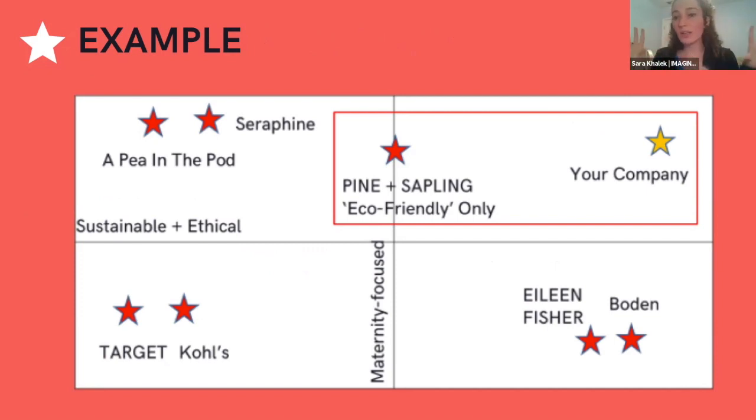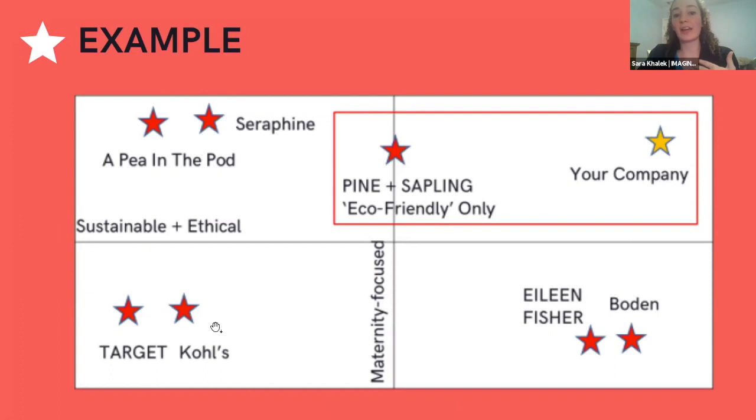So when I look at the industry, I'm going to see, okay, there's a lot of competitors in the fashion industry, in the clothing industry. How do I differentiate? How do I make sure that I'm in a space that no one else is addressing at this time? So let's look at companies that are highly maternity focused, but they are not sustainable and ethical. Those would be Pea in the Pod and Seraphim.